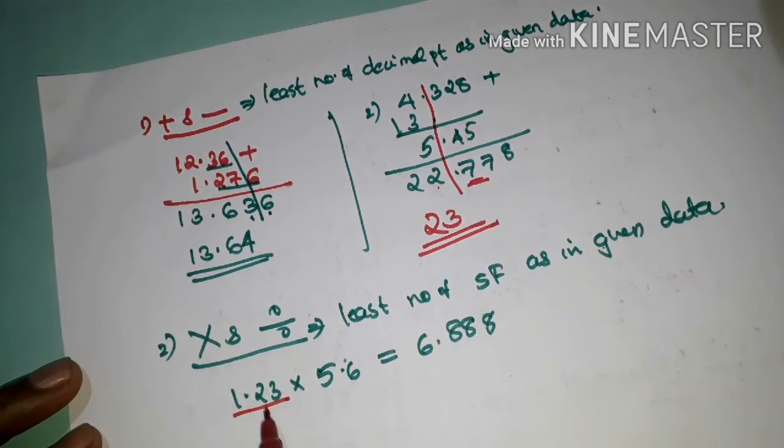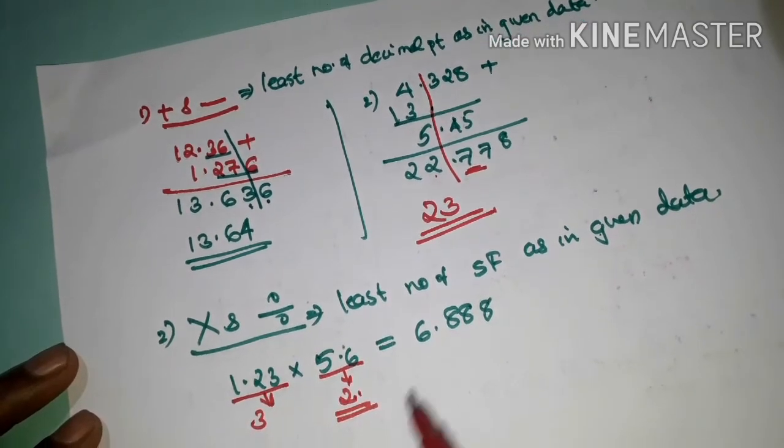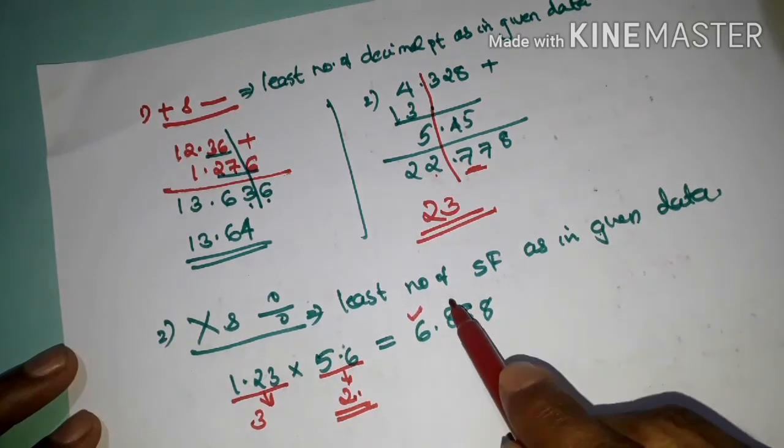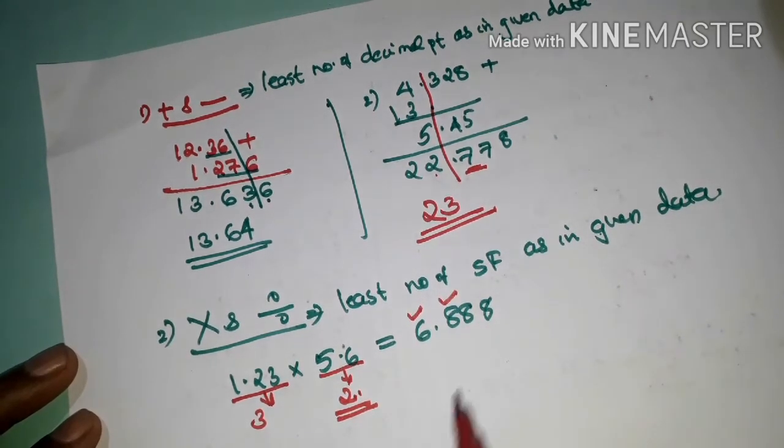Look at the least number of significant figures. 1.23 contains 3 significant figures, 5.6 has 2. Least is 2. So for the answer, count from here: 6 and 8, 2 significant figures. But the next digit is above 5. Therefore 6.8 becomes 6.9. So the answer is 6.9, containing 2 significant figures.